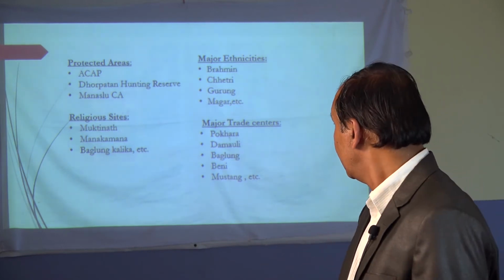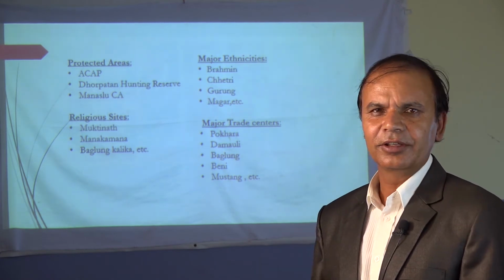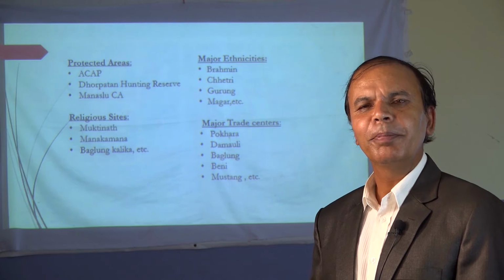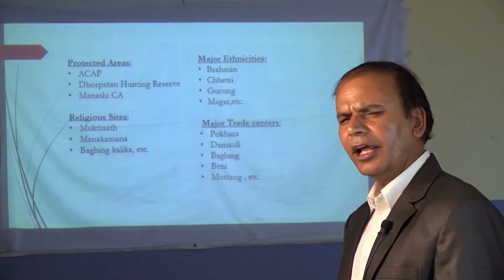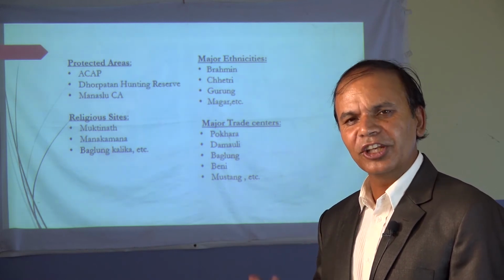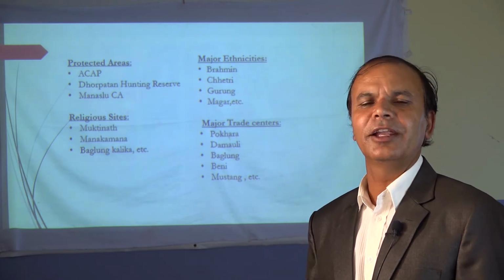We learned that. Now, major trade centers and major cities: Pokhara, Damauli, Beni, Baglung, and Mustang. These are the major trade centers, major cities of our province where we live now.